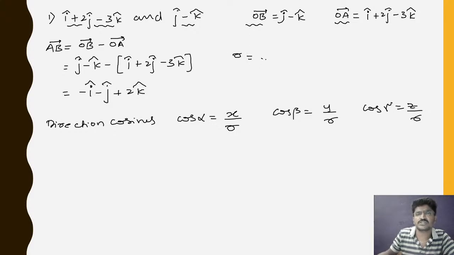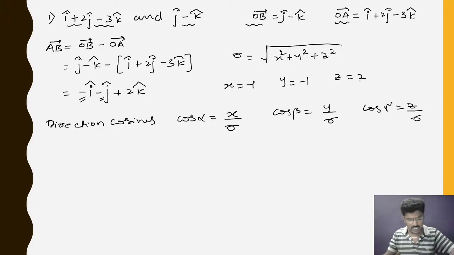Here r means square root of x square plus y square plus z square. Therefore, x is equal to minus 1, coefficient of i cap, y is equal to minus 1, coefficient of j cap, z equal to 2. Clear?